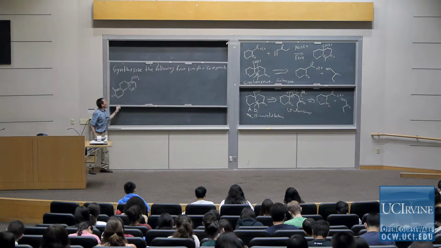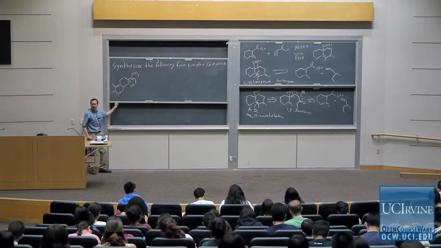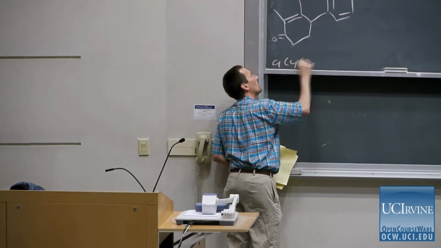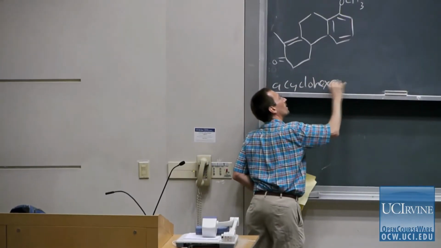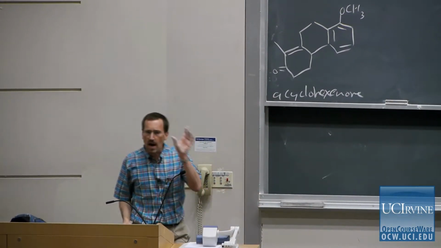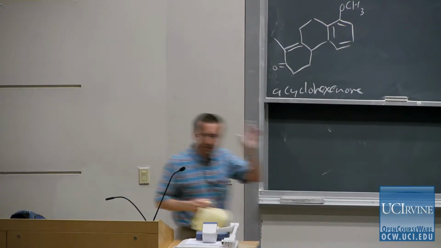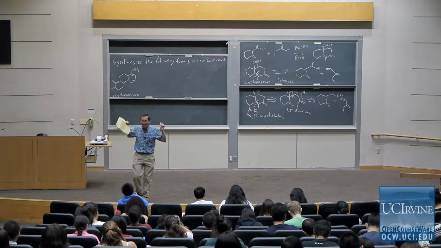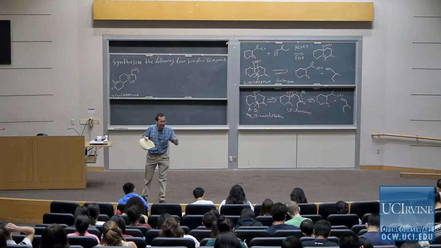I said, okay, I look at this molecule and I say, I see a cyclohexanone. And I'm going to think backwards. And I know in the Robinson annulation, immediately, cyclohexanone says to me, Robinson annulation.